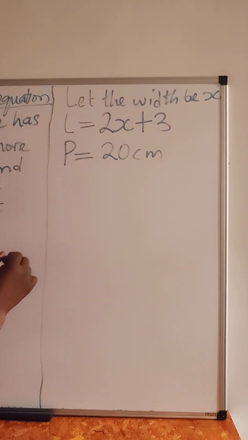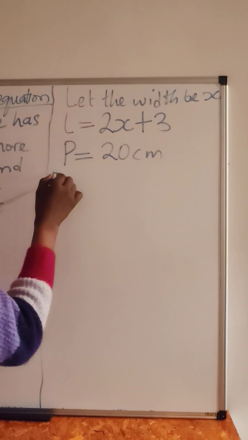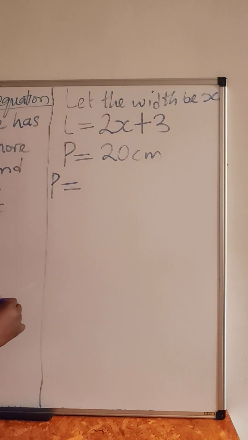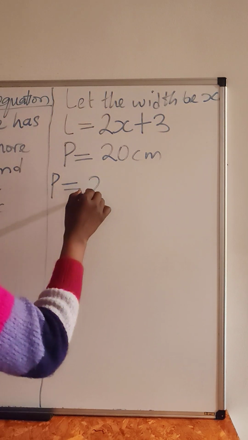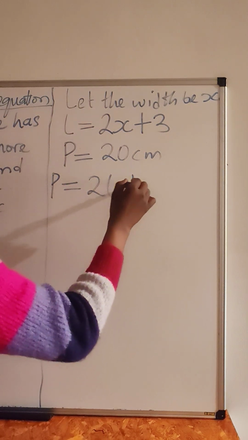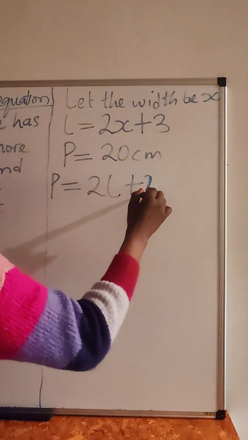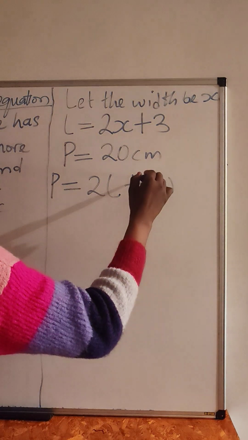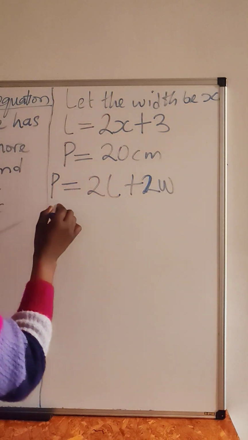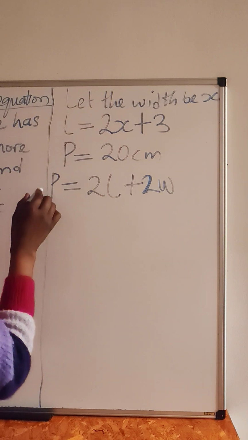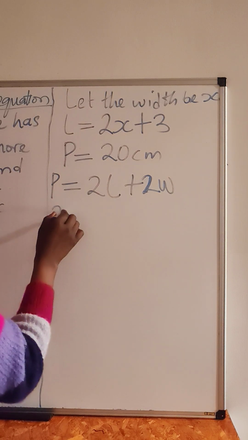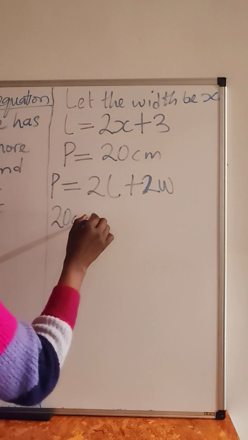So we can now go back to the formula of a rectangle, which is 2L plus 2 width. And the perimeter by the question is 20 centimeters.